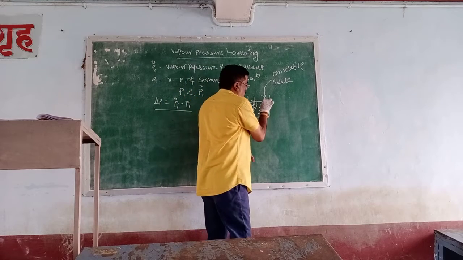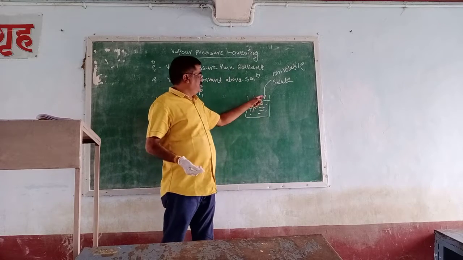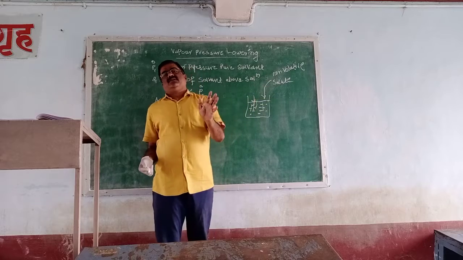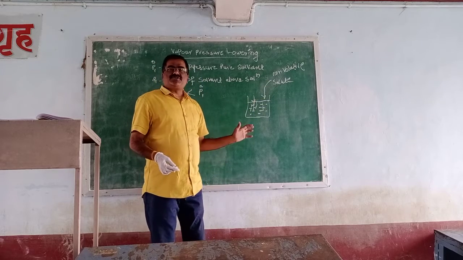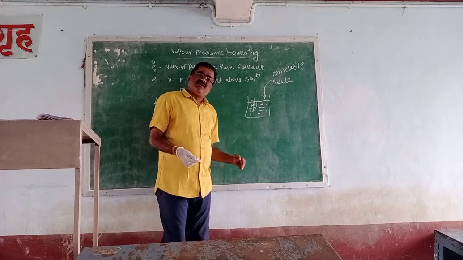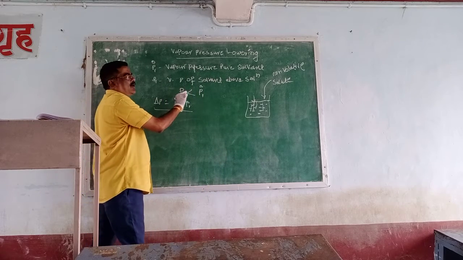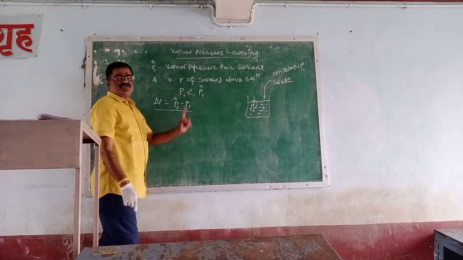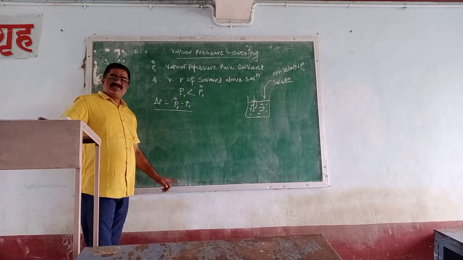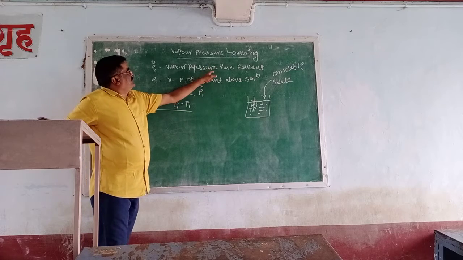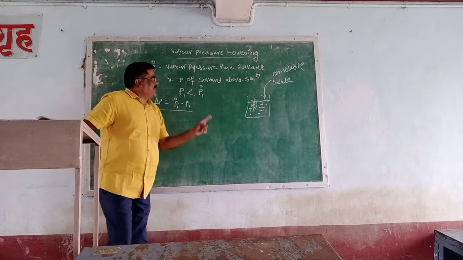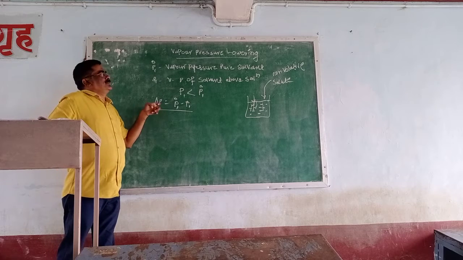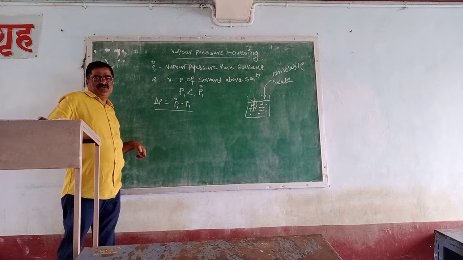That is, the vapors formed here are reduced when the non-volatile solute is added. At that time the rate of vaporization will be decreased. Hence the vapor pressure of the solution when the non-volatile solute is added is less than the vapor pressure of the pure solvent, and that lower value is the vapor pressure of the solution.